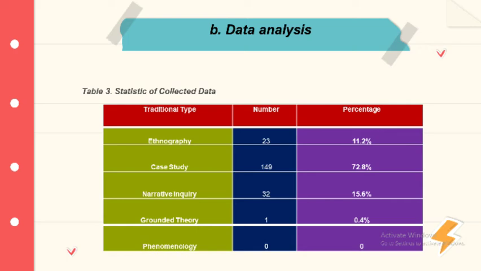And for narrative methods, it also gets high numbers: the articles that use narrative are 32 articles, with the percentage of 15.6%, from 2001 until 2015.